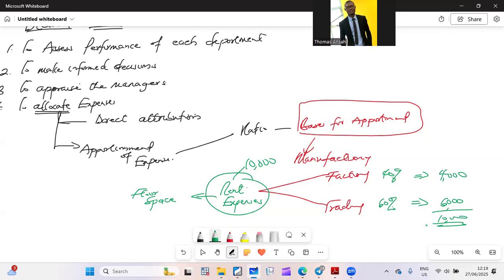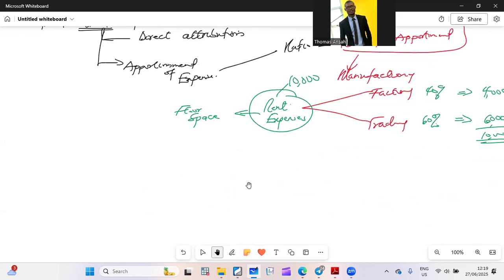The second thing departmental accounting will also help you do in terms of calculation, which we will see in manufacturing, is called interdepartmental transfers.